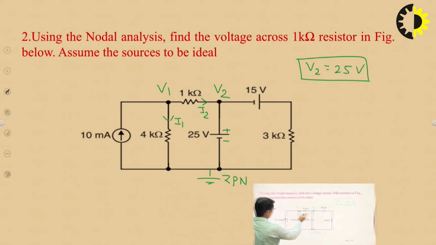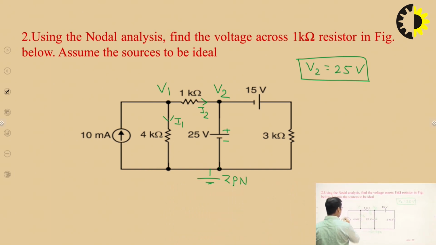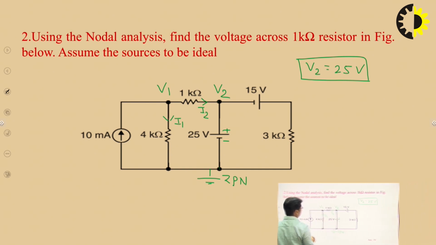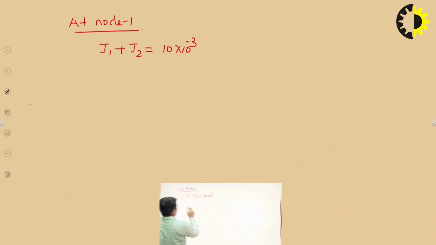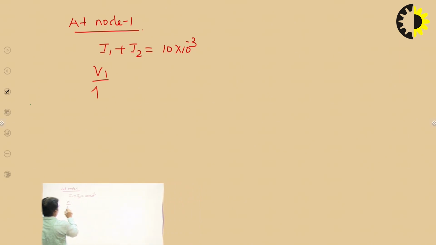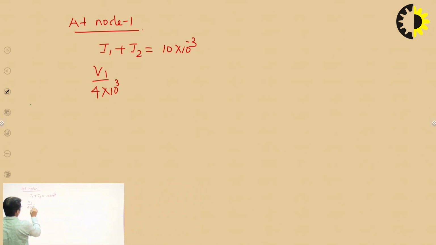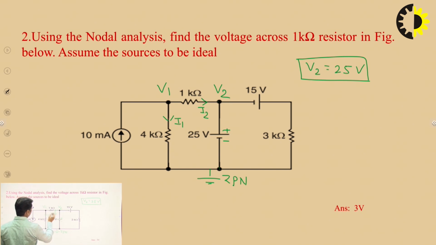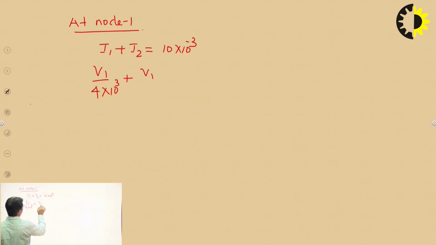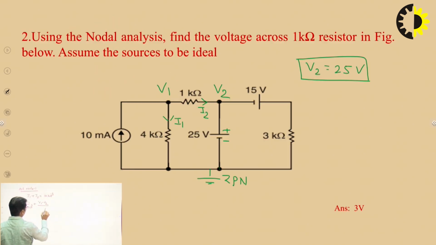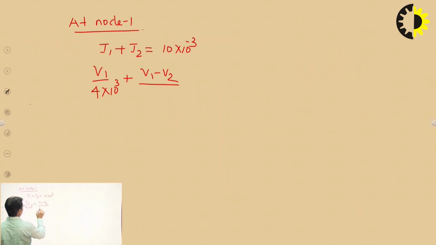I1 plus I2 are the two outgoing currents, and this is the incoming current. So I1 plus I2 equals 10 milliampere, and I1 is equal to V1 upon 4 kilohm, and I2 is equal to (V1 minus V2) upon 1 kilohm, which equals 10 milliampere.